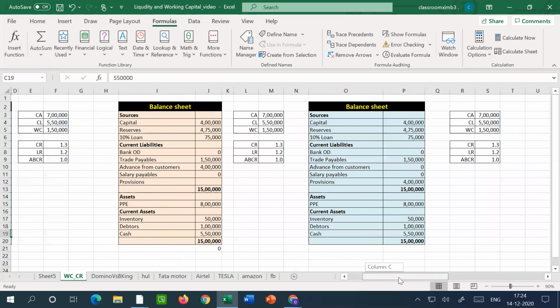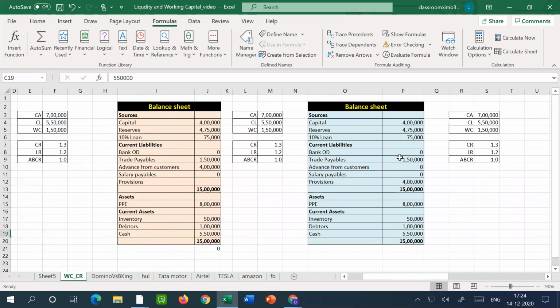In the third case, you observe here, there is no bank overdraft, there is no advance, the working capital is the same as the previous situations, but here there are provisions. What are these provisions? In the first 2 cases, there is no provision.